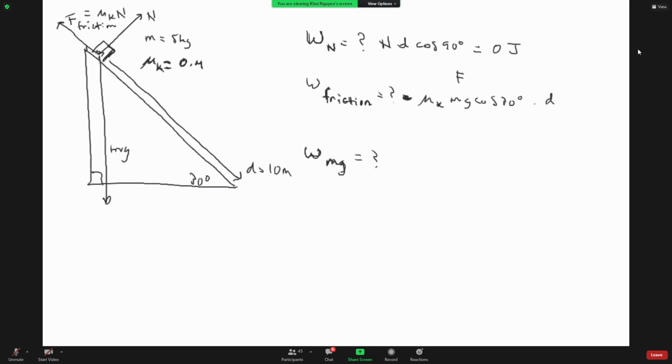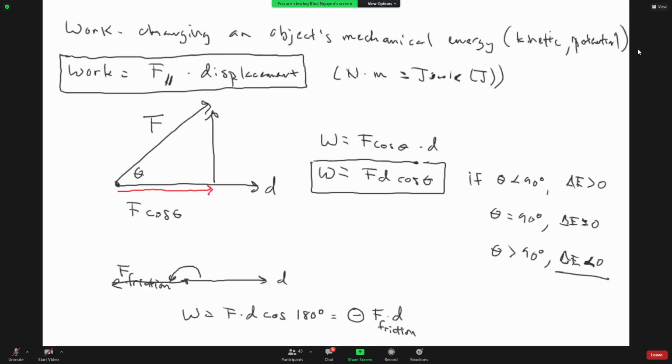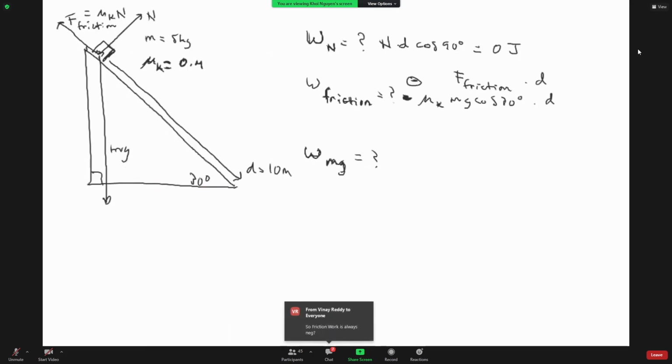This was force of friction times d, and this is the negative from that cosine of 180. We did that in this problem right here. This is the work done by friction: negative frictional force times displacement. All I'm doing is substituting it back here.